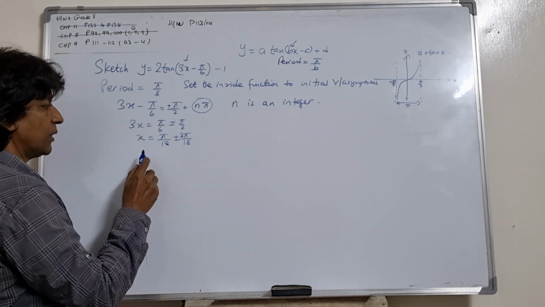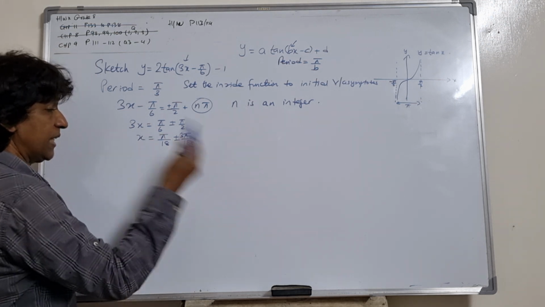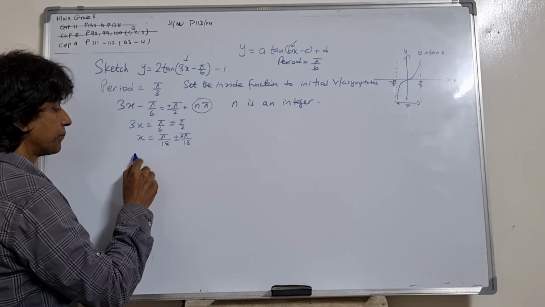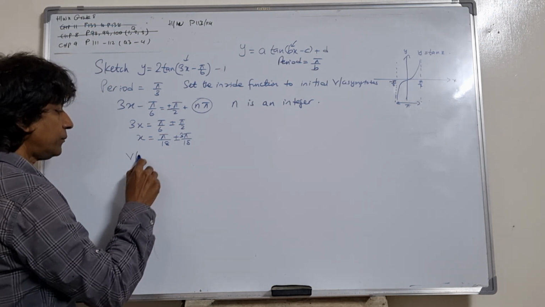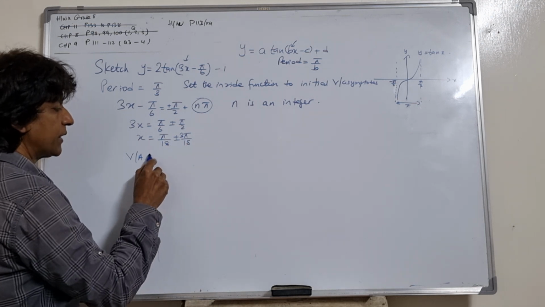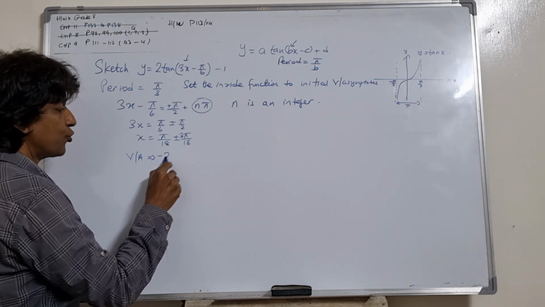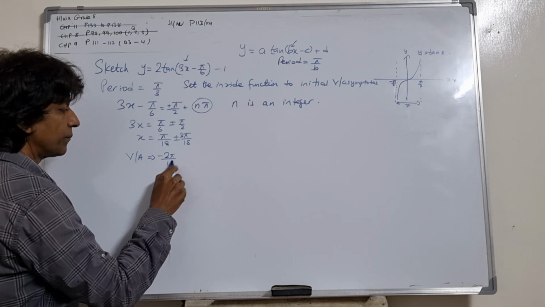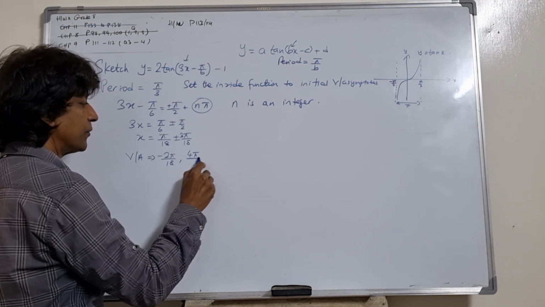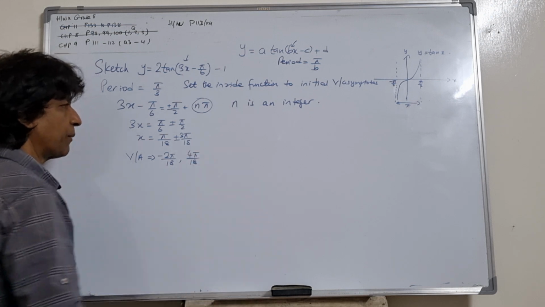So the vertical asymptotes turn out to be, first of all, π/18 minus 3π/18, which is equal to minus 2π/18. And then you've got 4π/18 if you add them up.